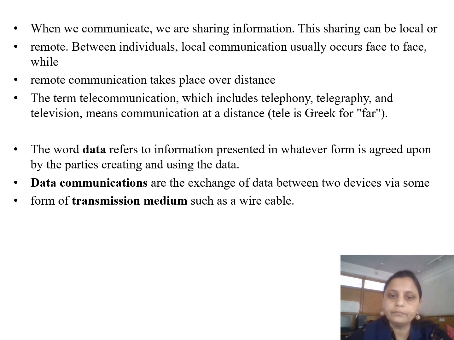In between the two devices, we exchange the data via some form of transmission medium. Transmission medium means anything that can carry data from source to destination. It is a physical path, meaning we use wires and cables.